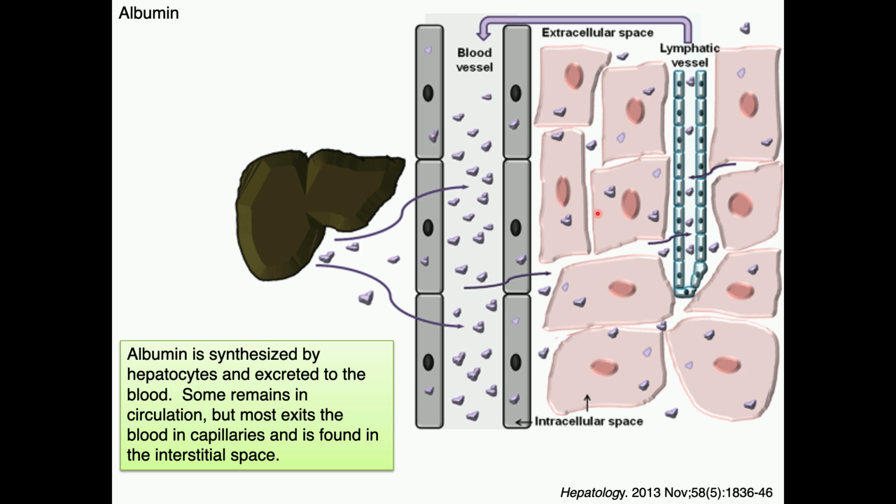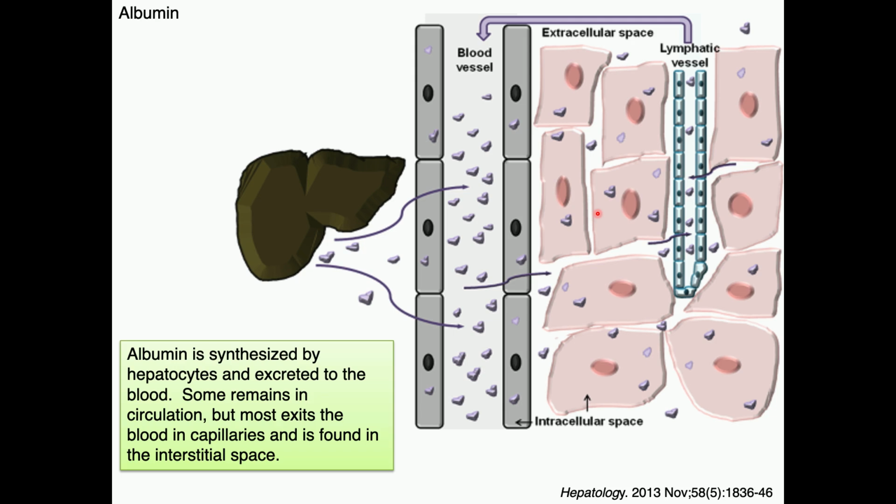Albumin is the most abundant protein in our blood. It far exceeds the concentration of the next most abundant protein in the blood. Albumin is synthesized by the liver, exported from the liver, and enters into the blood circulation.